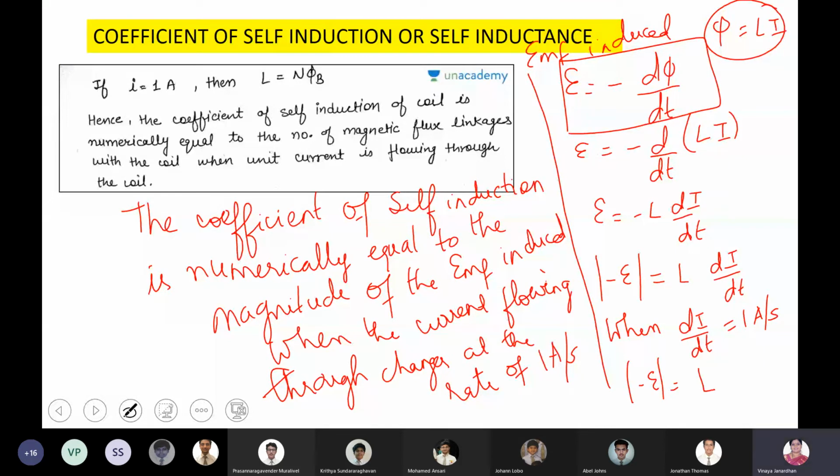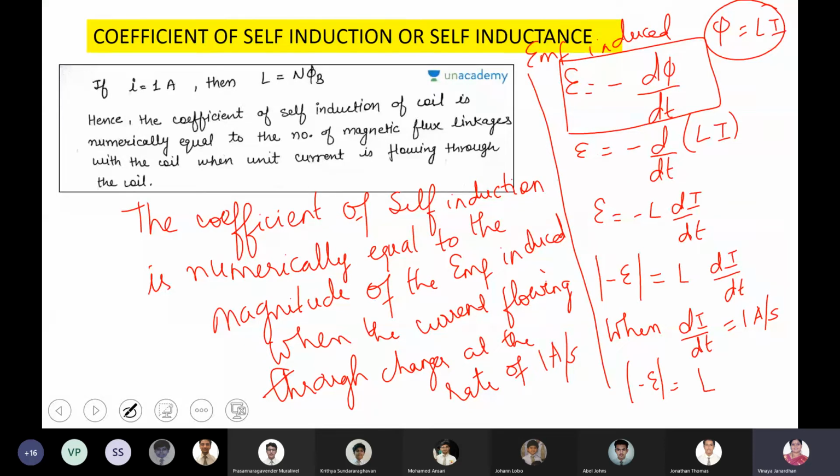Are you all there? Yes, ma'am. Complete this, boys. Now we'll derive an expression for self-inductance.